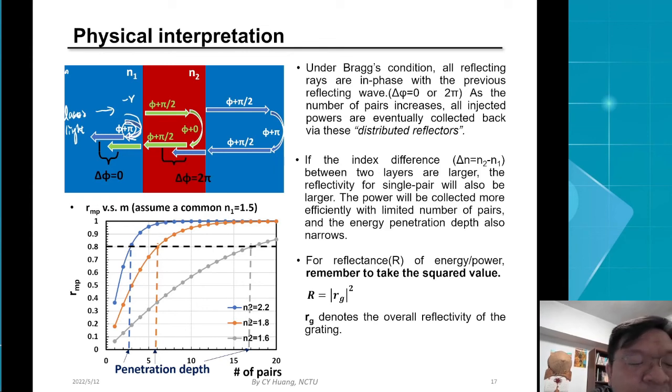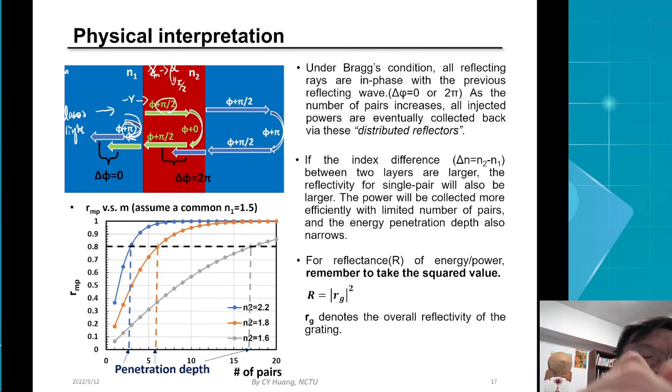So the reflected ray has a phase shift of pi after the reflection, but part of it will pass through the interface, and passing through the interface doesn't cause any phase delay. The thickness is lambda over 4n, which gives us a phase of half of pi.